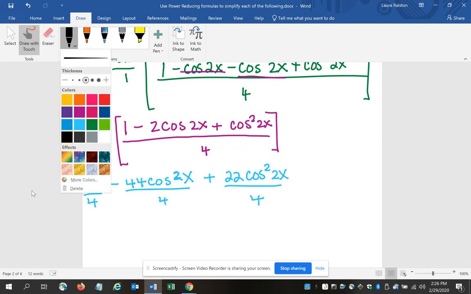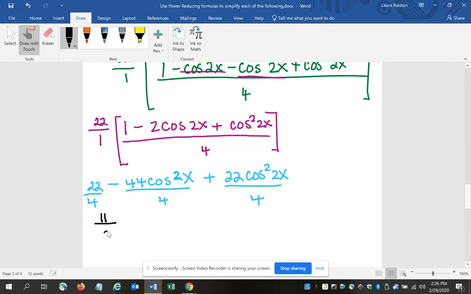So we have 22 over 4, which would simplify to 11 over 2, minus 4 goes into 44 11 times, so it's minus 11 cosine 2x plus 11 over 2 times the cosine squared of 2x. And again, at that point, you may think that you're finished.